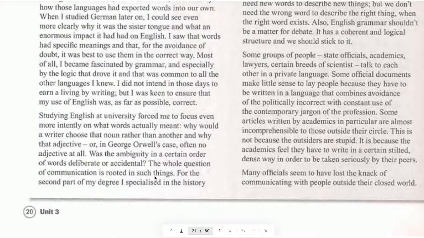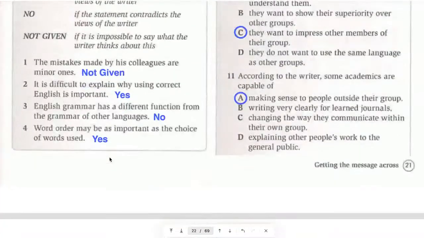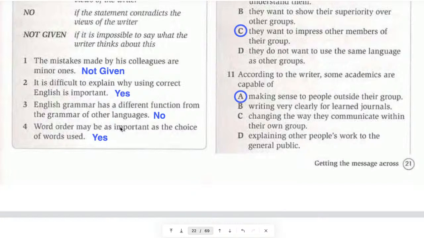Why? What do you think the answer is? The word order, yes, we can see a certain order of words, yeah, that means word order. And where did it say anything about them being as important as each other?